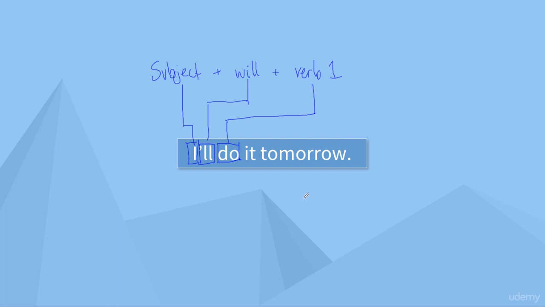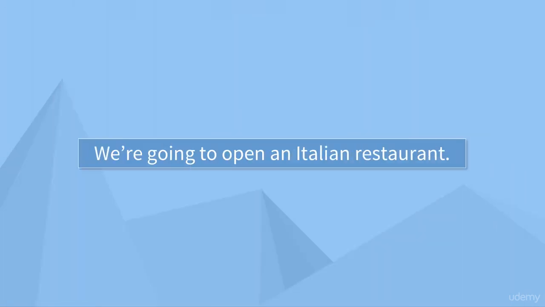Remember, we said we use will to talk about actions, usually without a plan. So the next sentence, we're going to open an Italian restaurant. So a different structure from the last sentence. However, we're still talking about the future, but this one uses going to. This is the future with going to. And usually we use going to when we have a firm plan, or we've planned something and that's what we want to do in the future.